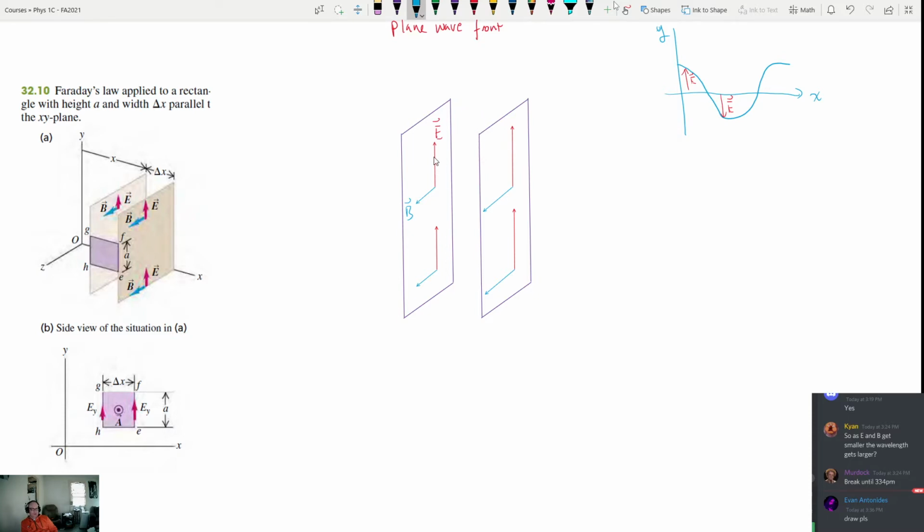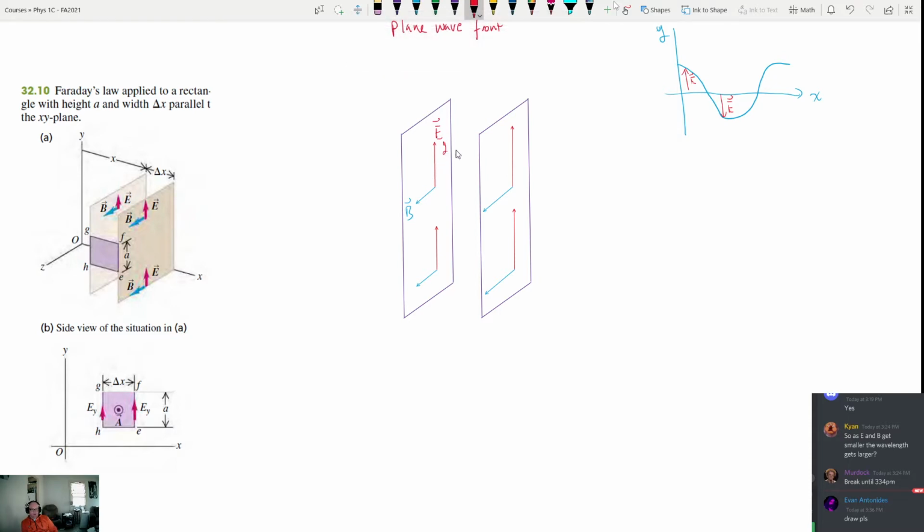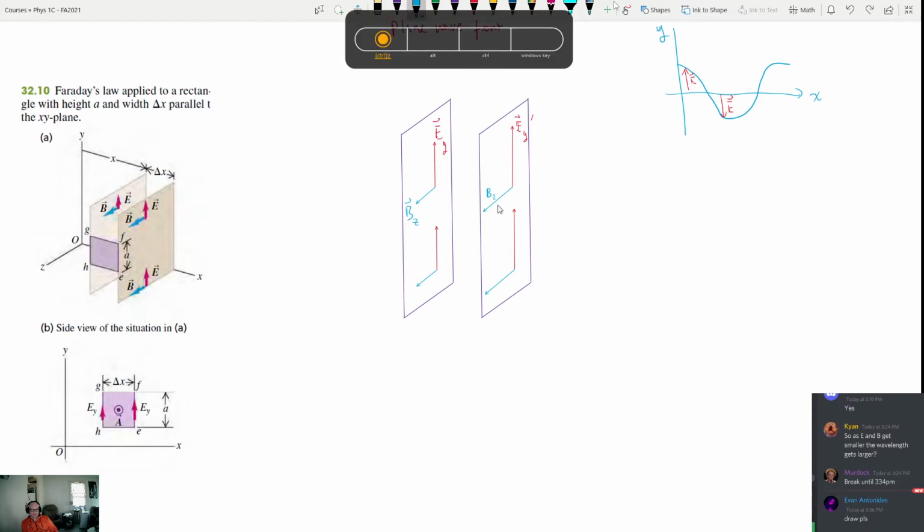So really what we're looking at here is just the y component of the electric field, E sub y, and the z component of the magnetic field, B sub z. Same thing for both of these. For this one here, I don't know why your book doesn't do this, but I'm going to call this one E sub y prime, and this one down here B sub z prime, to indicate that they have different values. Oh wait, what did it just do to that Z?